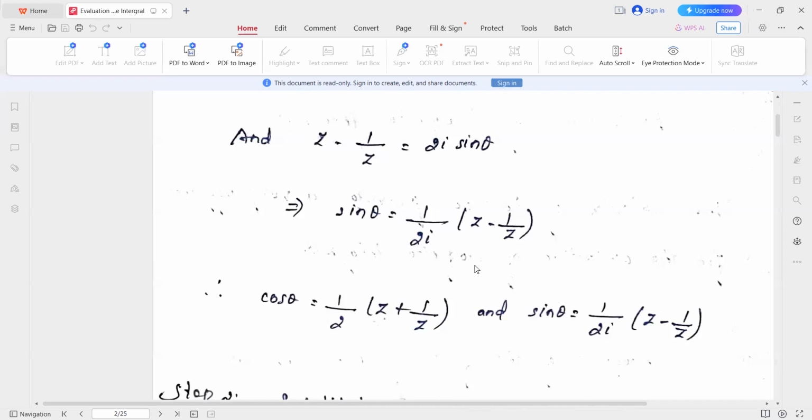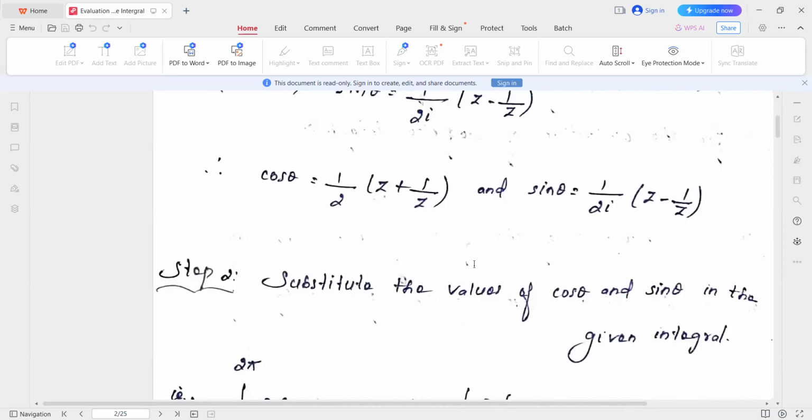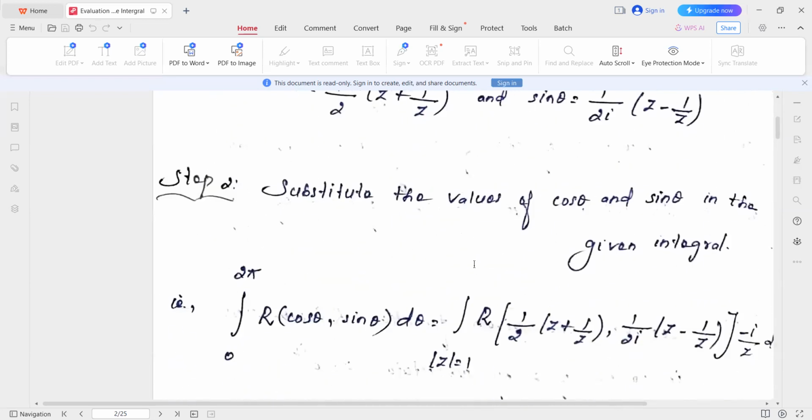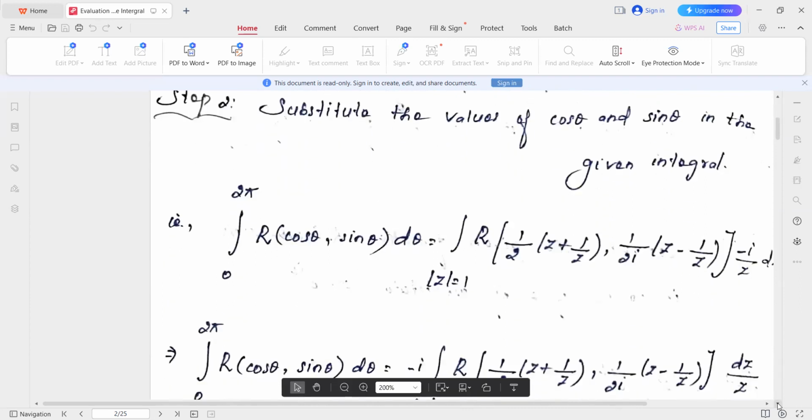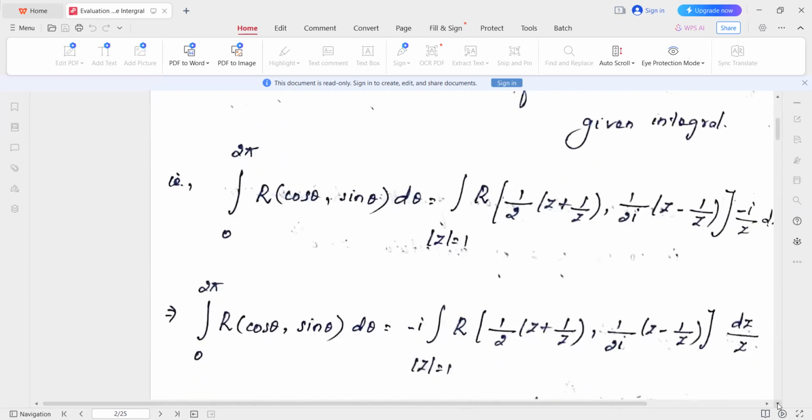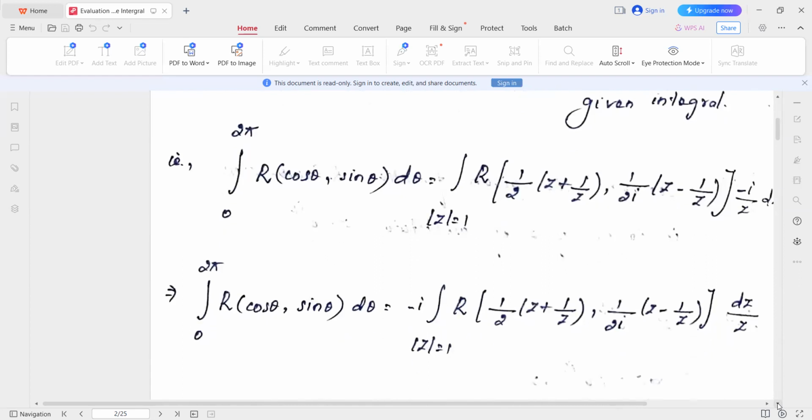Step 2 is to substitute the values of cos theta, sin theta and d theta in the given integral. So the integral over 0 to 2 pi of R of cos theta, sin theta d theta is equal to this term. Here we are changing polar coordinates into Cartesian coordinates.